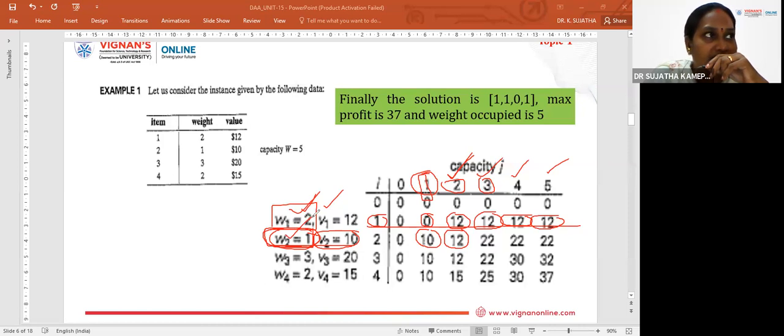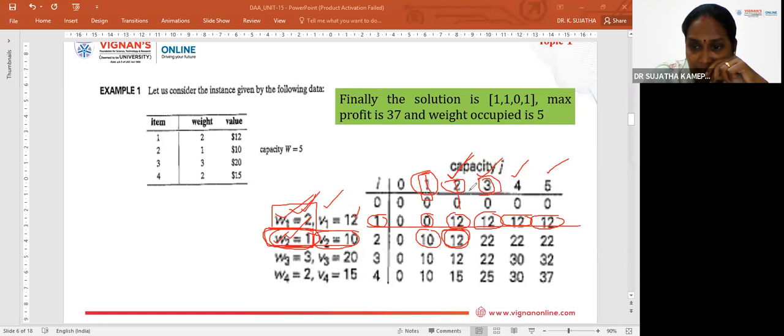So here I can place the first object in this capacity as well as the second object in this capacity. Which gives maximum profit, that can be placed here. Out of these 2 objects, the first object gives the maximum profit. So that's why we are placing the first object.